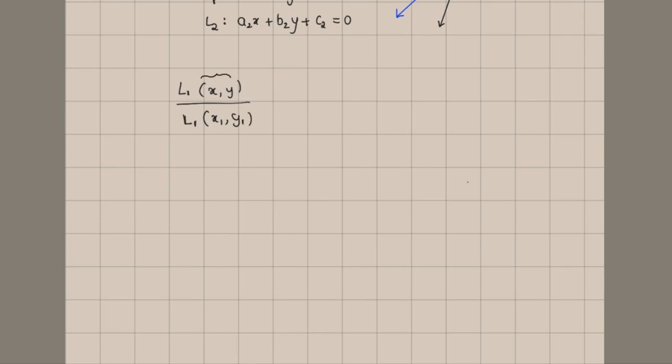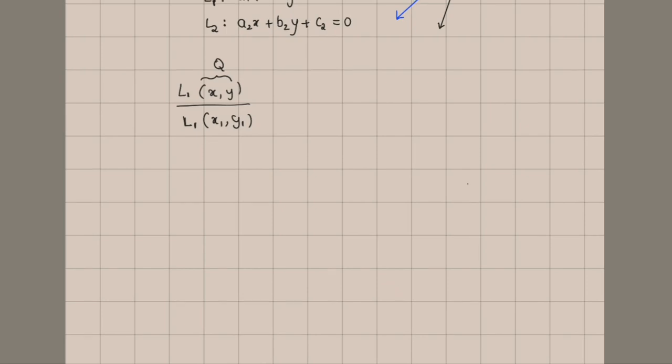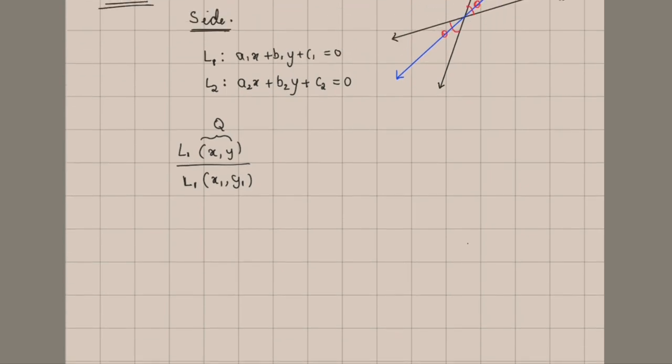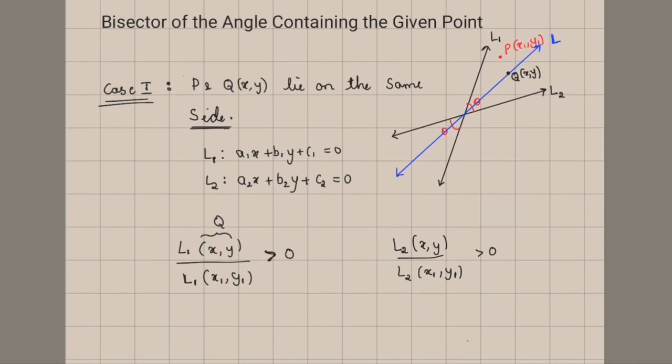So this is point Q, this is point P. When you divide these two, because L1 of Q and L1 of P have the same sign, this should be greater than 0. Similarly, L2 of x comma y by L2 of x1 comma y1 should also be greater than 0, because P and Q lie on the same side.